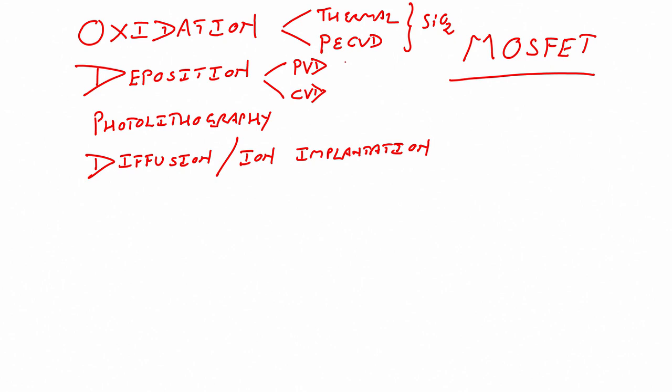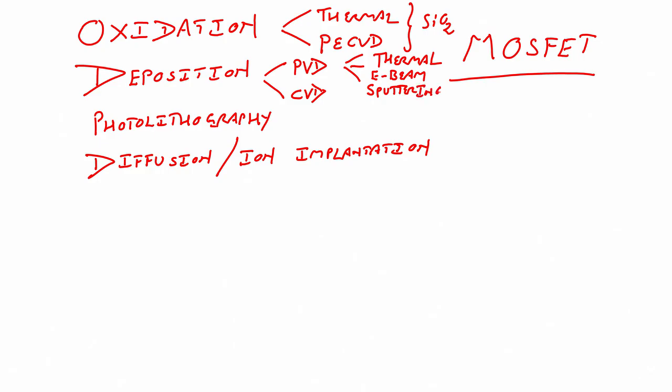In physical vapor deposition we have seen 3 types: one is thermal evaporation, second is E-beam evaporation, and third one is sputtering.